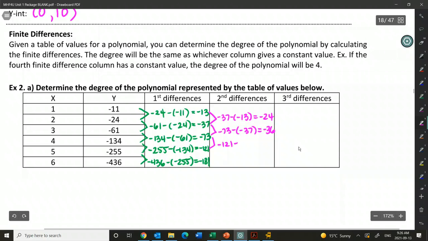Negative 121 minus negative 73. And then negative 181 minus negative 121 should be negative 60.